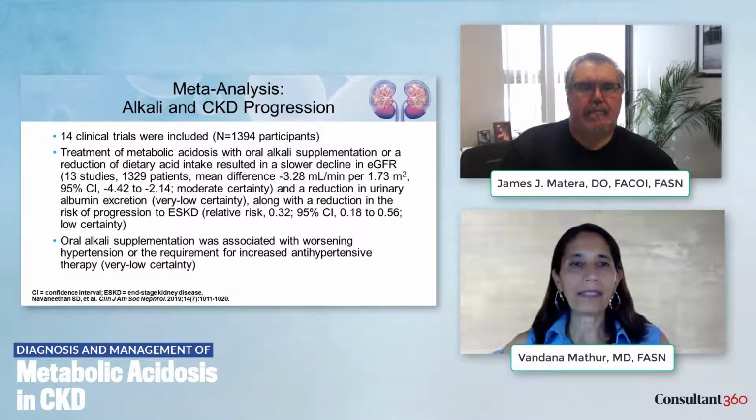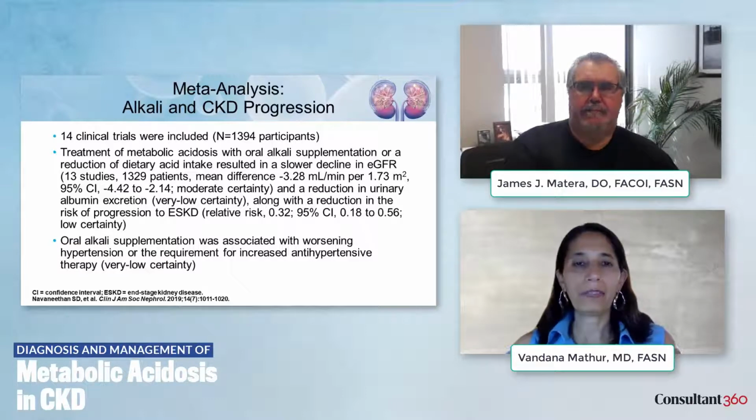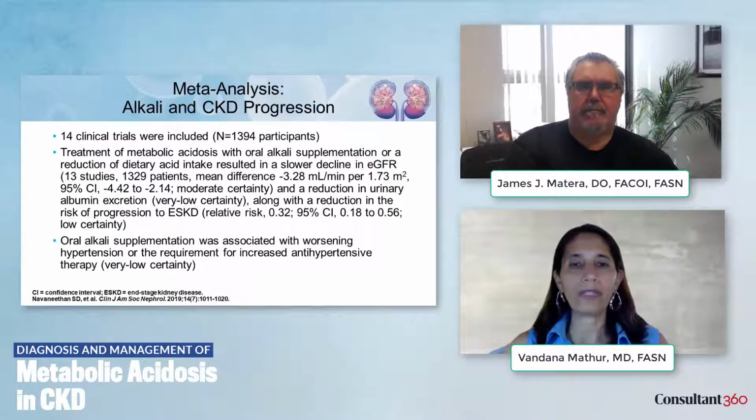And they looked at the treatment of metabolic acidosis with oral alkali supplementation or reduction of dietary acid, and found that on the balance across these studies, treatment of metabolic acidosis slowed down the decline of eGFR, with the average decline difference relative to the control arm being 3.28 ml per minute per year, which is certainly a big effect, and a reduction in urine albumin excretion with lesser certainty in these trials, and a risk reduction of progressing to end-stage kidney disease with a relative risk reduction of 0.32.